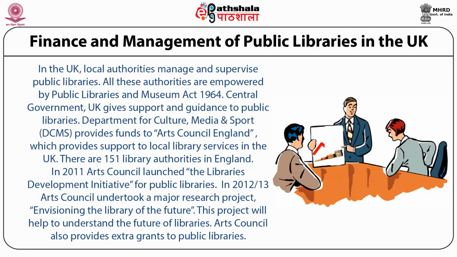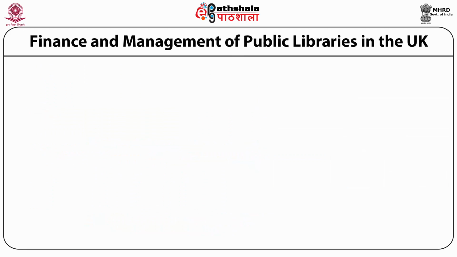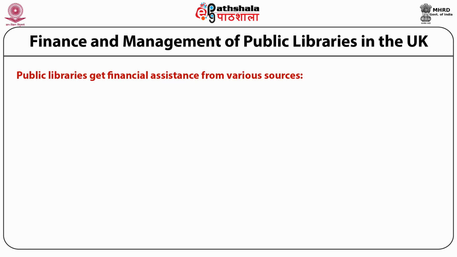This project will help to understand the future of libraries. Arts Council also provides extra grants to public libraries. Public libraries get financial assistance from various sources such as government, private, and the Big Lottery Communities Libraries Fund.